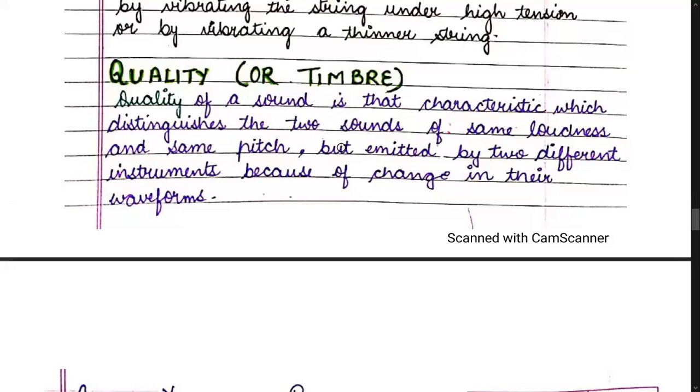Quality of a sound is that characteristic which distinguishes the two sounds of same loudness and same pitch, but emitted by two different instruments because of change in their waveforms.